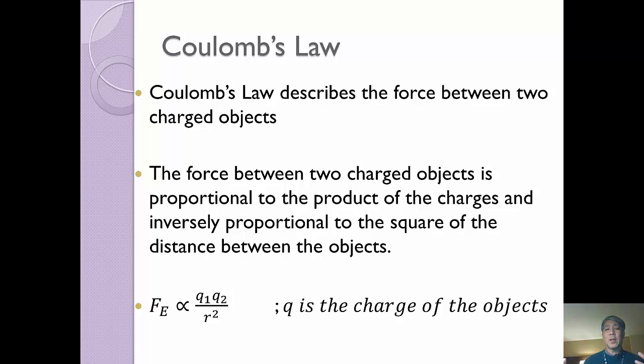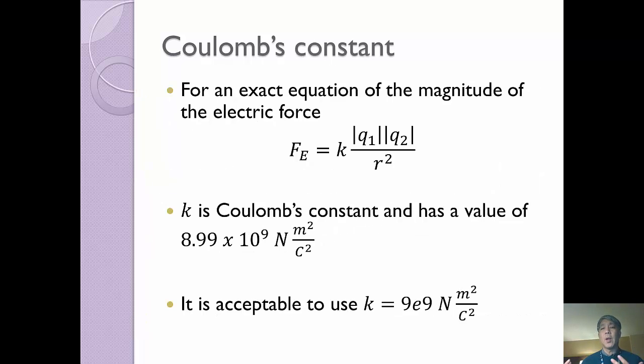It simply means that if I change the right side of this equation, the left side will change by a similar amount. So if I double Q1, the electric force will also double. If I double the distance r, then my electric force decreases by a factor of 4 because r is squared.